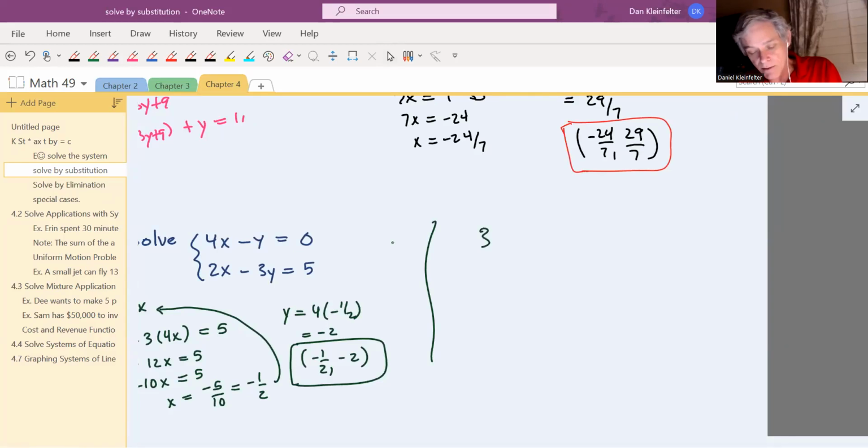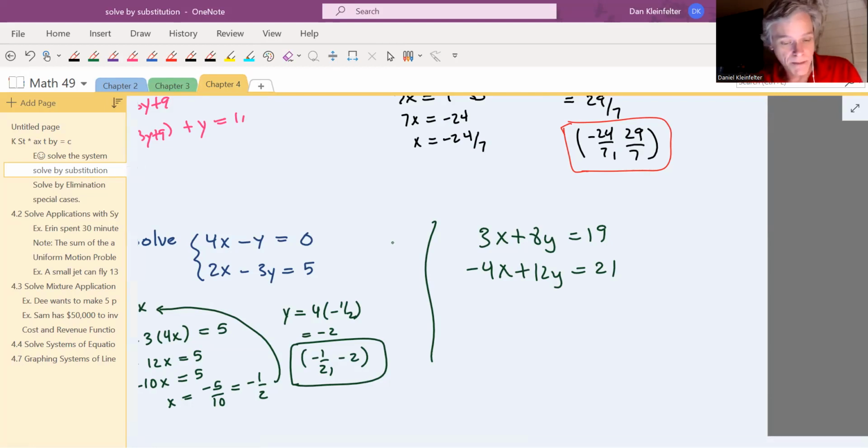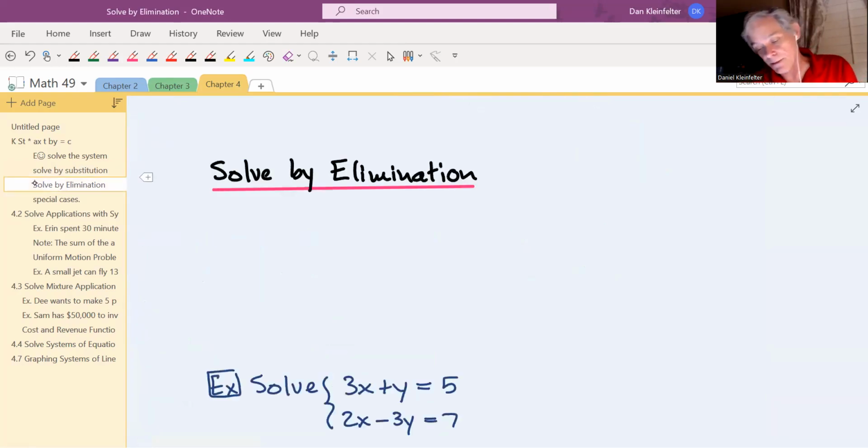If we had a problem like 3x plus 8y equals 19, negative 4x plus 12y equals 21, the coefficients of the variables are all not 1. So no matter which variable you pick in which equation, you're going to end up with fractions involved, like 19/8 or 21/4 or something. So there's no good choice really to do this by substitution. So elimination might be helpful. So that's why we have two methods.